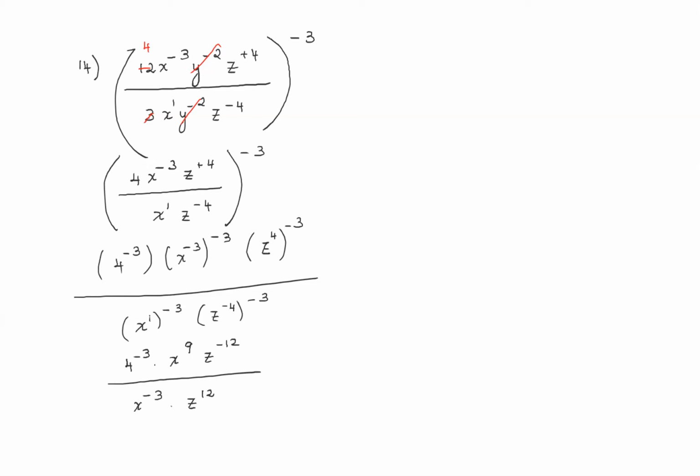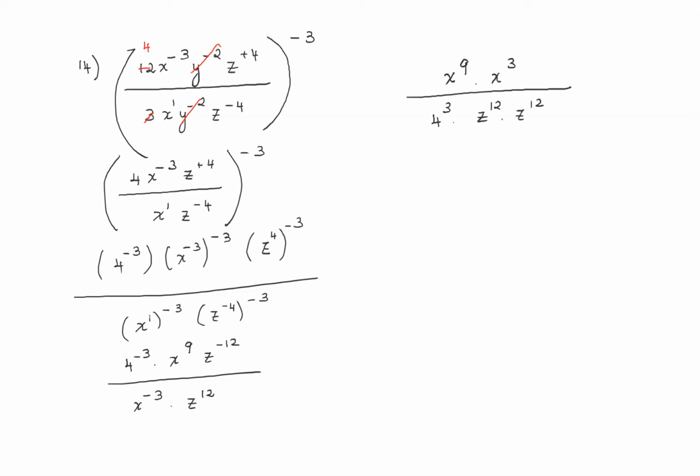So now we are going to change all the negative powers to positive powers. x is positive, so x is going to stay in the numerator. So it's going to be x to the power 9. And z is going to go down and 4 is going to go down here. And this x is going to come to the numerator. So it's going to be z to the 12 times z to the 12.